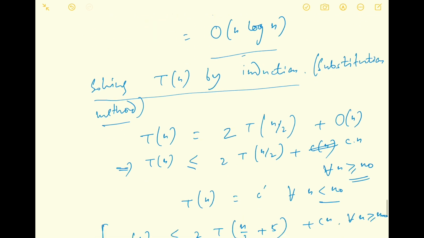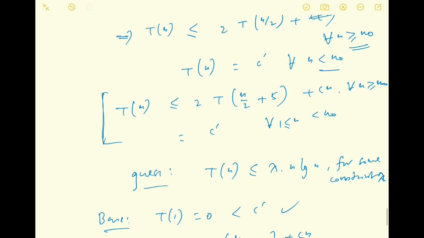You can first do the domain transformation and get rid of the constant, and then there is no ceiling or floor. Those ceilings and floors you can also get rid of because of that calculation, and then you simply solve it using the recursion tree method or master theorem.